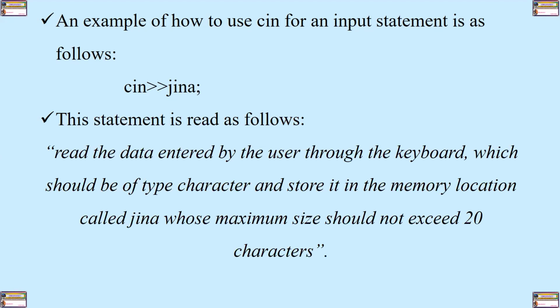Read the data entered by the user through the keyboard, which should be of type character, and store that value in the memory location called GINA, whose maximum size should not exceed 20 characters. Why am I saying should not exceed 20 characters?